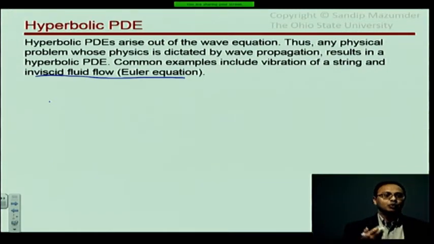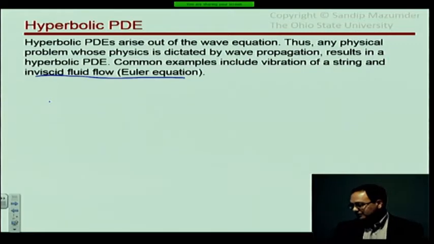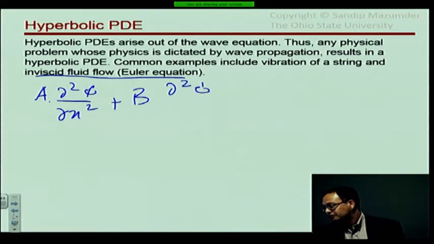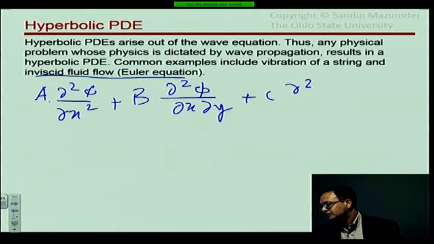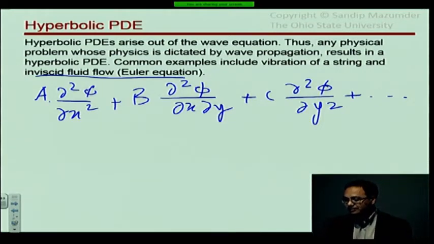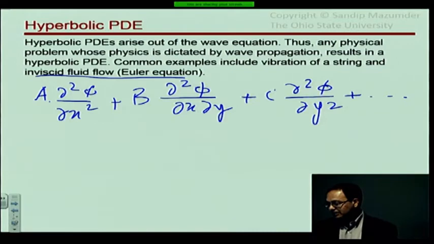Now, one thing you have to realize is when we classify partial differential equations, if you go back to lecture 1, we have this equation: A d square phi dx square plus B d square phi dx dy plus C d square phi dy square plus other terms equal to some terms. But these are the 3 main terms. You can see clearly that this classification is based on having only 2 independent variables, x and y.